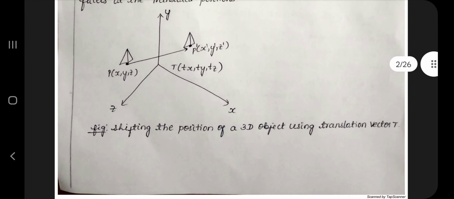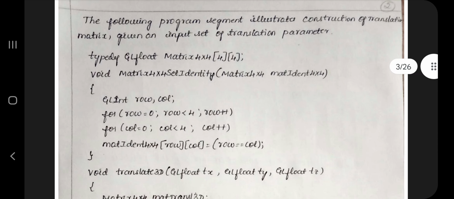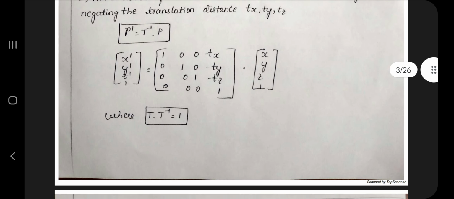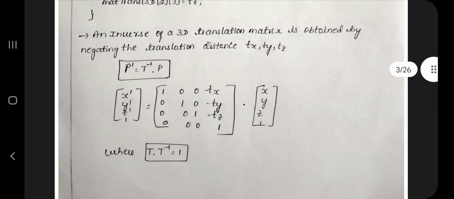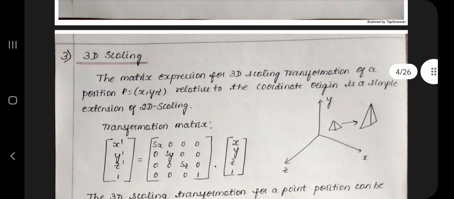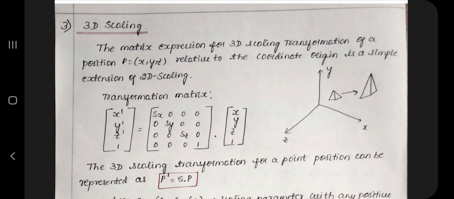Same thing goes for the triangle. For the triangle you will have 4 points here. Those points you translate separately and make a new triangle with the new points. The inverse translation will just be the minus values here. Rotation I'll cover at last, because rotation is a lengthier topic. We'll get done with the remaining topics.